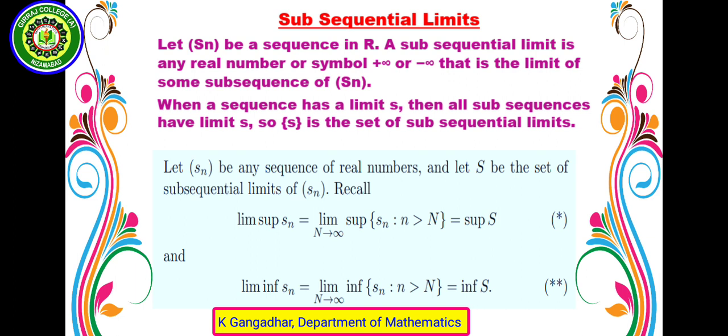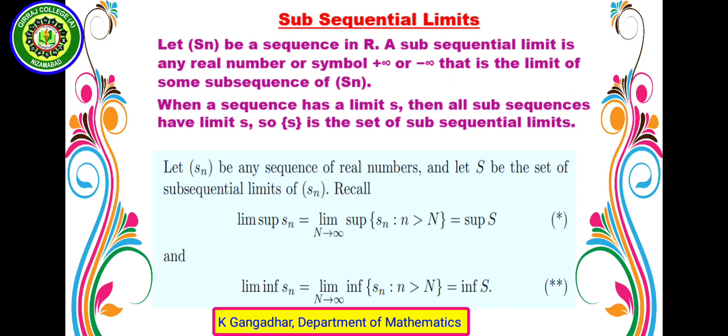So now one definition: subsequential limits. Let Sn be a sequence of real numbers. A subsequential limit is any real number or the symbol plus infinity or minus infinity that is the limit of some subsequence of the sequence Sn.